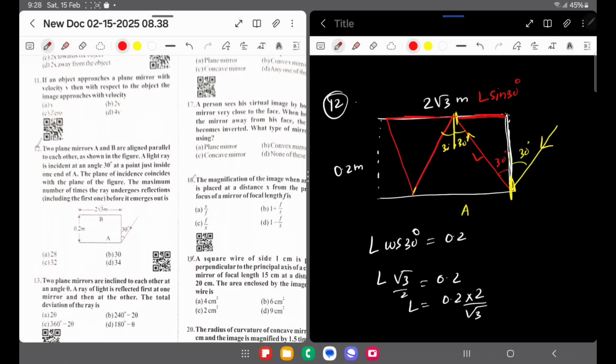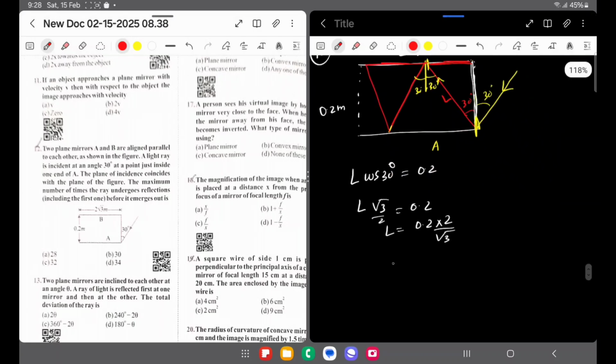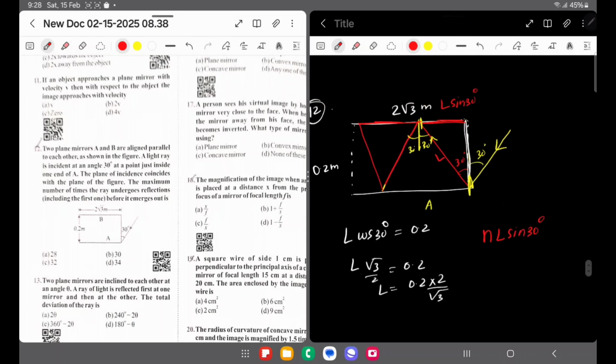So if it undergoes n reflections, each time it covers L sin 30 horizontal distance. So the total horizontal distance covered by that light ray during its n reflections is equal to nL sin 30, and its value is given in the question itself, 2 root 3.